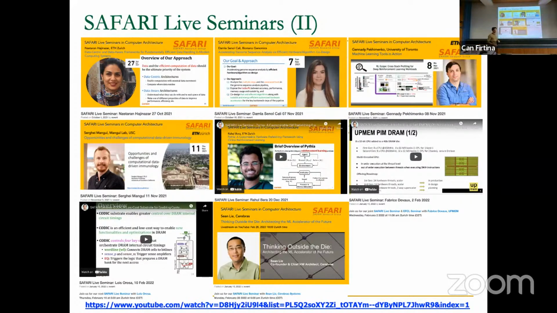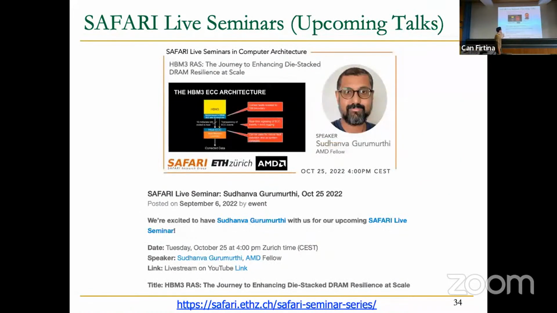Also different areas as well. Sergey Mangul is a professor of bioinformatics, and we organize them very frequently. The next one will be on October 25th, given by Sudamba Gurumurthy, and it will be about the HBM3 memory. It is the next generation of HBM memories, and it seems that it has some interesting innovations.